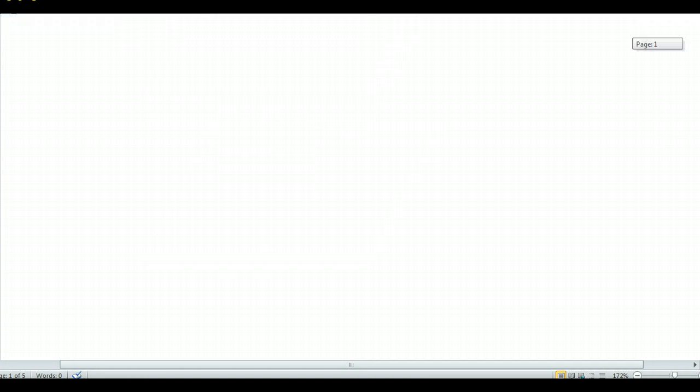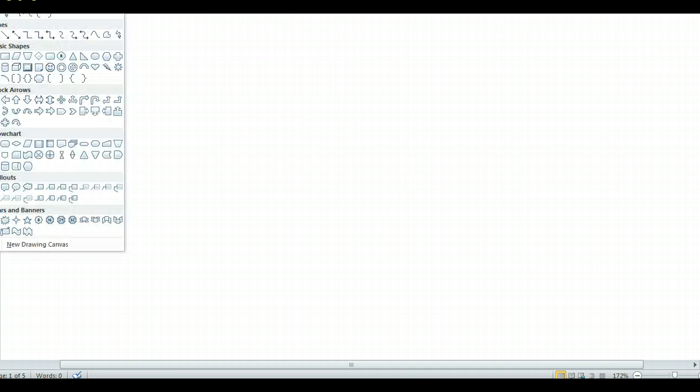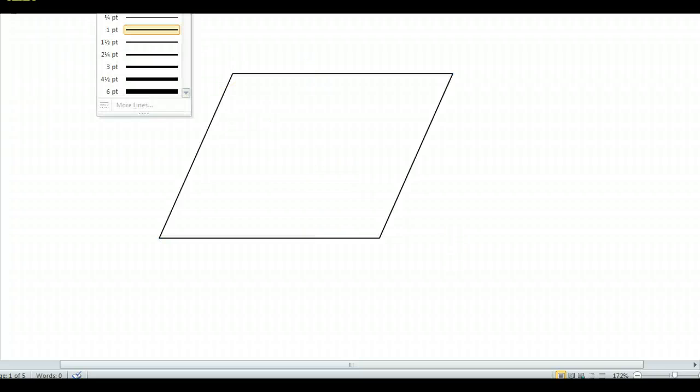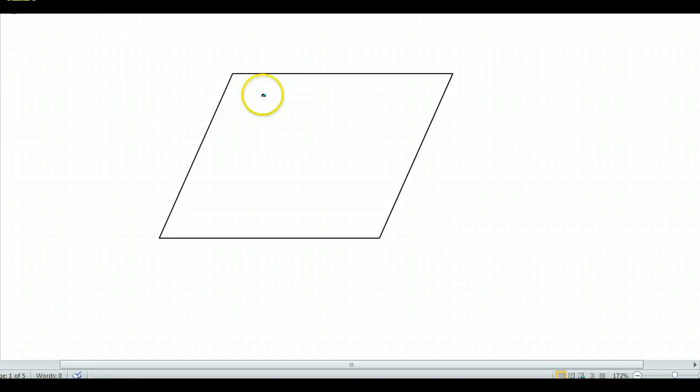Look, what if it was one of each? Let me draw another one. Here's another parallelogram. What if I told you that this pair of sides was parallel and this pair of sides was congruent?